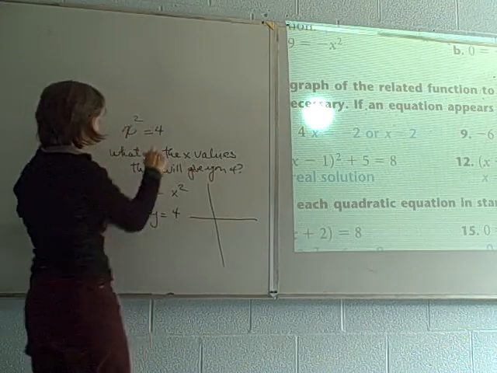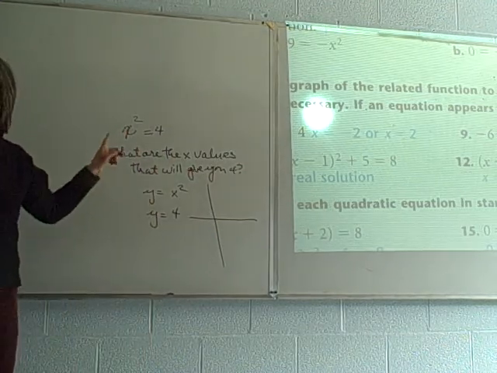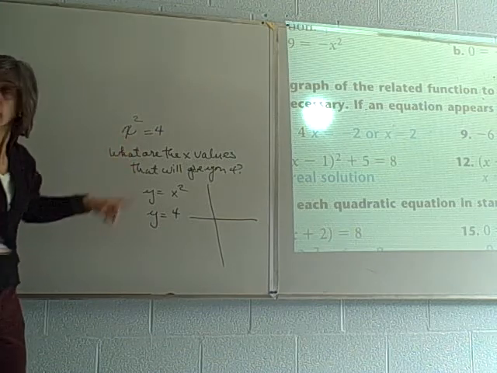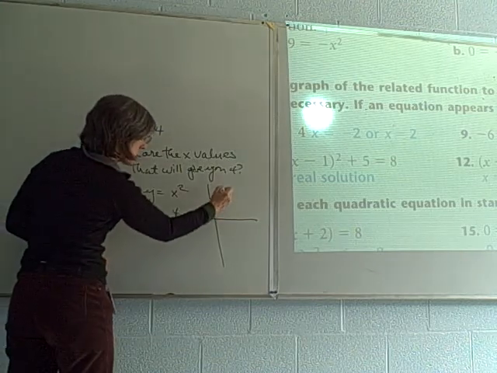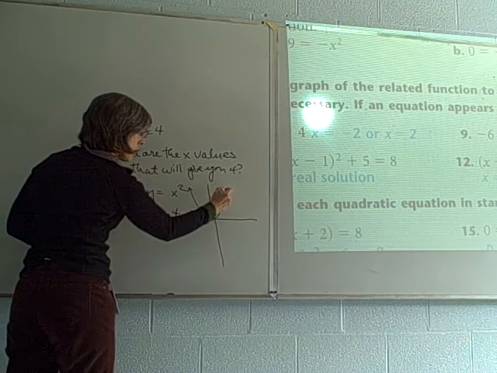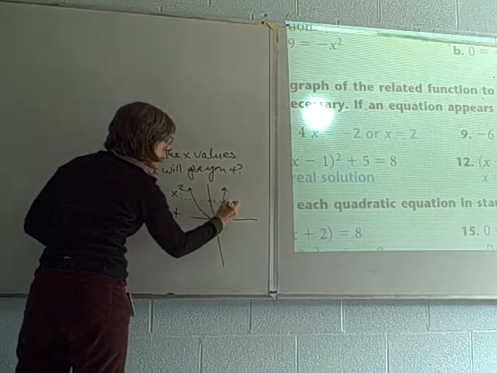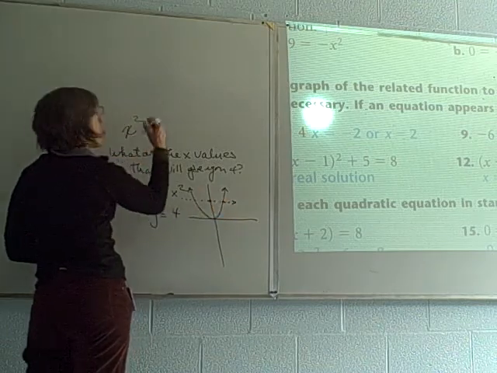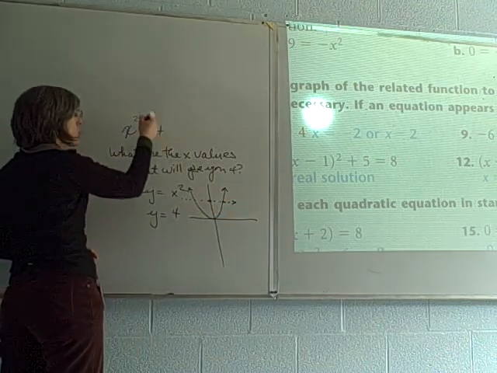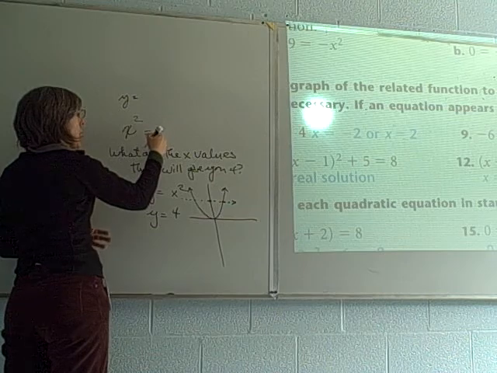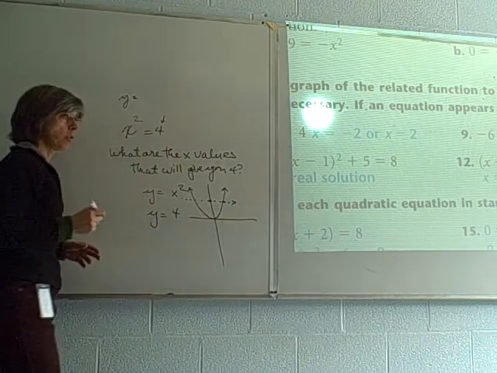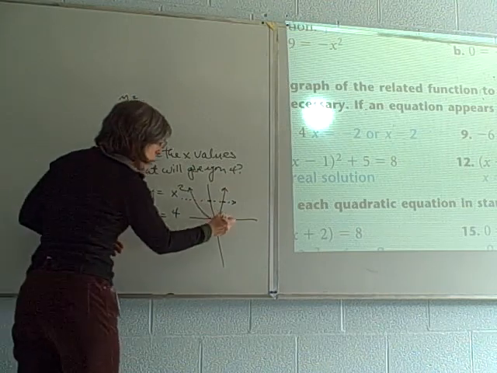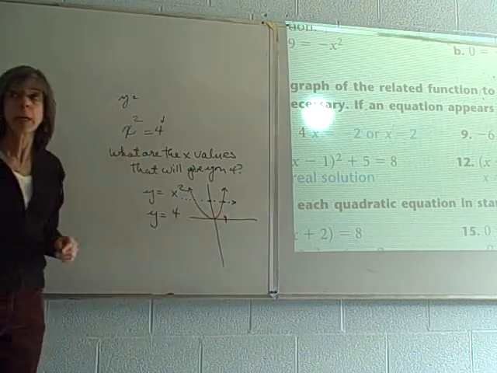First of all, where's the vertex going to be on this? 0, 0, right? We know it's going to be at 0, 0. And this is my y value. So what are the x values that will give me that? That's what I'm looking for.